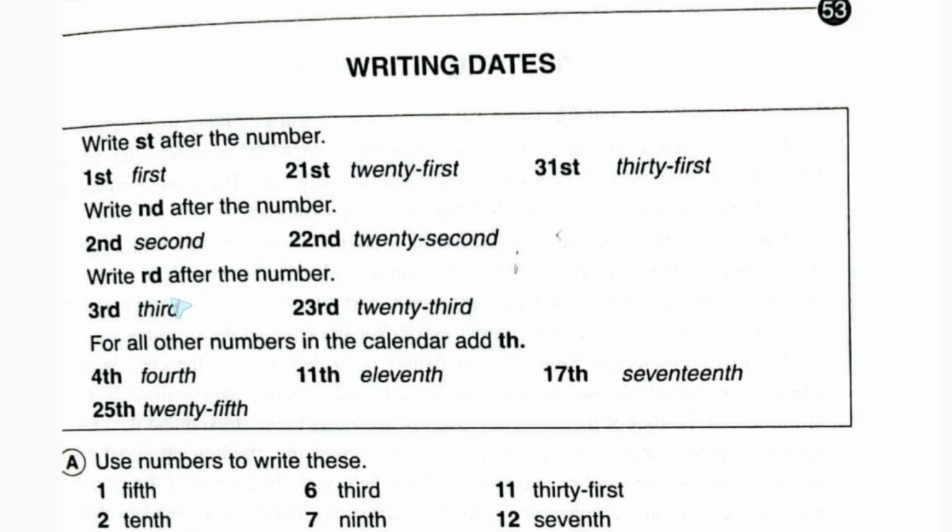Write rd after the number: third, 3rd, 23rd. For all other numbers in the calendar, add th. Like 4th we write 4 then th, 11th, 17th, 25th.